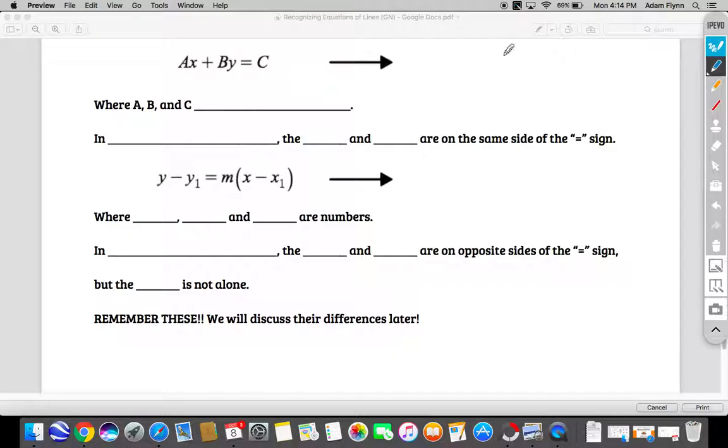All right, the next form. ax plus by equals c. This is what we call standard form.